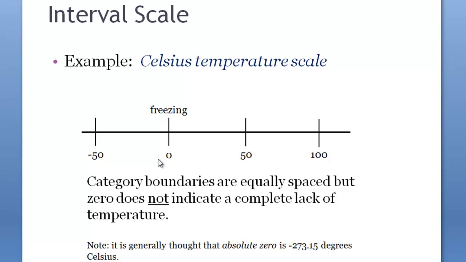A true 0 means it's nothing, but 0 here means there's some sort of heat still here. Total lack of heat is considered to be minus 273.15 degrees Celsius, but nobody knows for sure, right? And so this 0 is just arbitrary, just for convenience, and that's an interval scale.